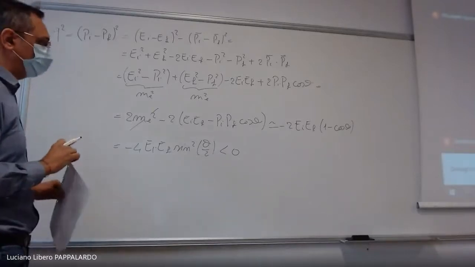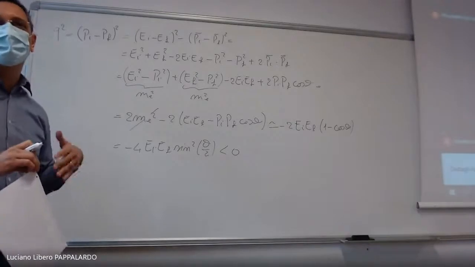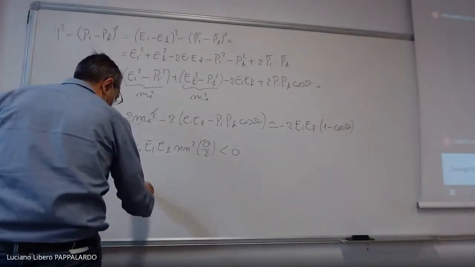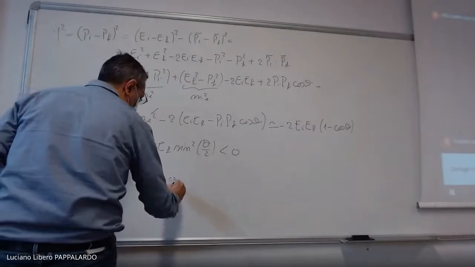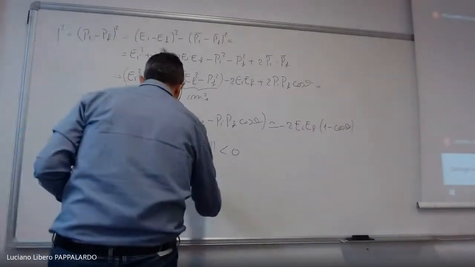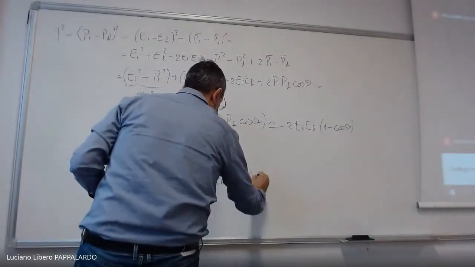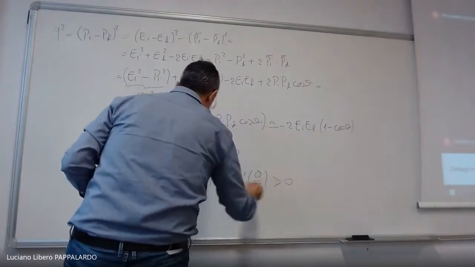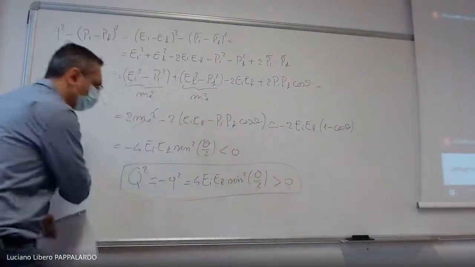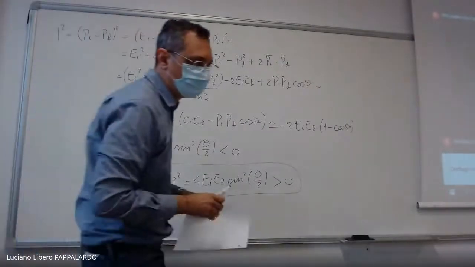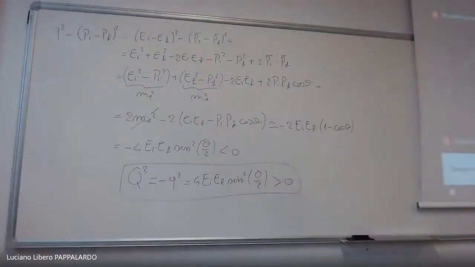For the purpose of working with positively defined quantities, one defines the capital Q squared as minus q squared. So this is 4 E_I E_F sine squared of theta over 2, and it is of course positive.